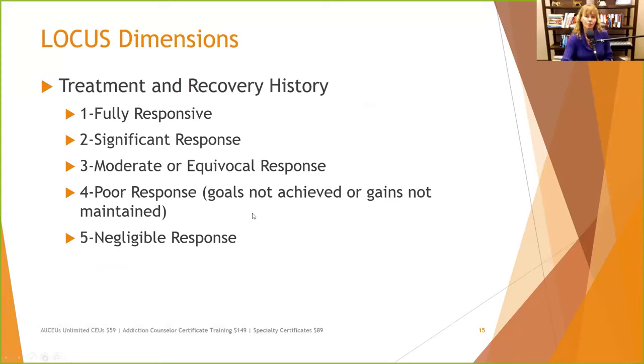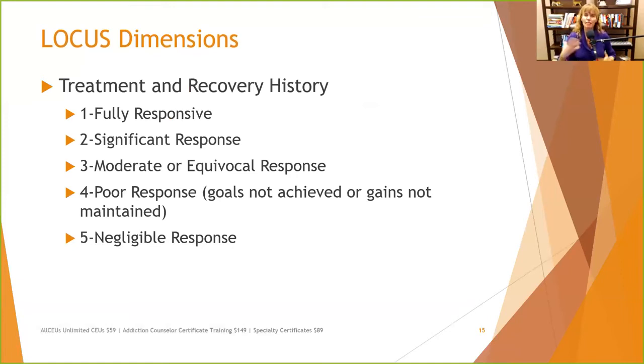Okay, according to the LOCUS, that's probably going to qualify as a poor response to treatment. And that doesn't mean the person did anything wrong. What we're looking at is the bigger picture. We don't want them to have to come back for another episode after this. So what happened the last time, or what didn't happen the last time that needs to happen this time to make sure that the person can reach maximal gains or be fully responsive to treatment?